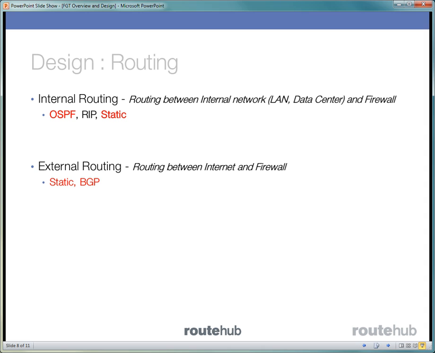In this video series, for the internal routing, we will be setting up some static routes, but we will mainly be configuring OSPF, which is a dynamic routing protocol that will be configured on our core switch in our environment. For external routing, we will be configuring a default static route, but we will also be configuring BGP with our ISP. So those are some of the topics that we will cover in this particular series.